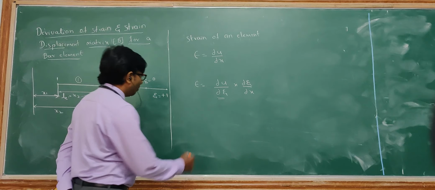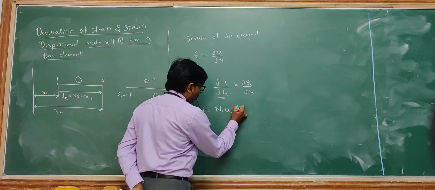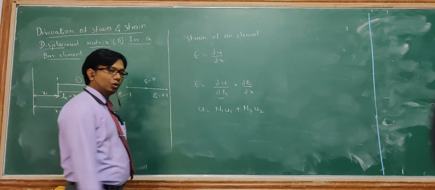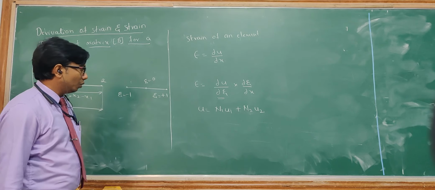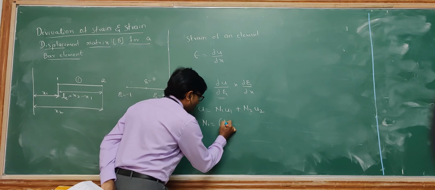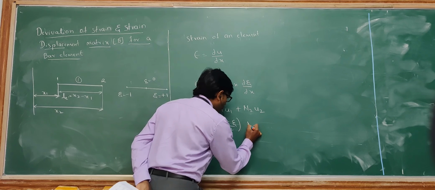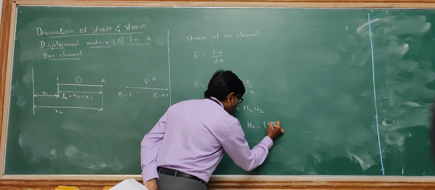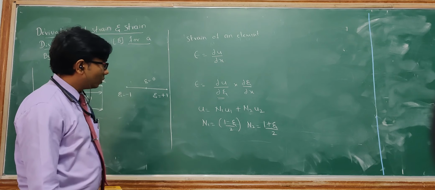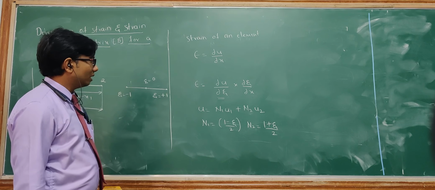In the previous class you wrote u is equal to N1 u1 plus N2 u2, where N1 in terms of the natural coordinate system was 1 minus zeta by 2, and N2 was 1 plus zeta by 2.